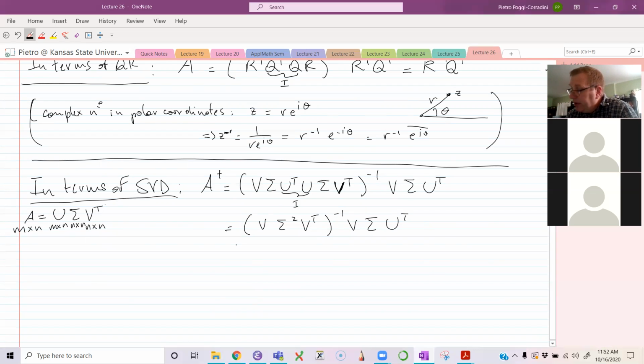So it has an inverse, and the inverse is the transpose. So here, when I take this, it's going to be V sigma U. Again, this is the identity here. Sigma to the minus 2 times sigma, so that's going to be sigma to the minus 1.